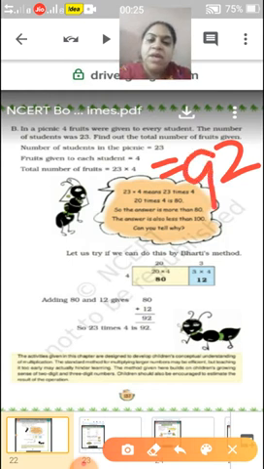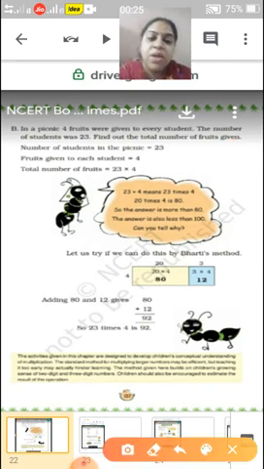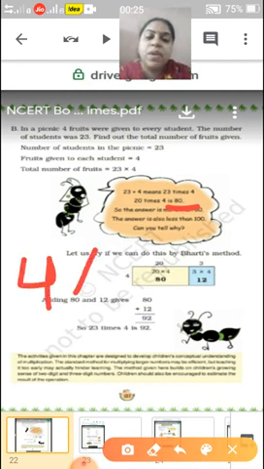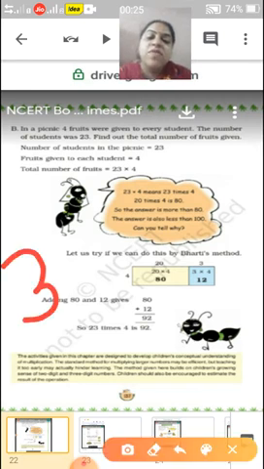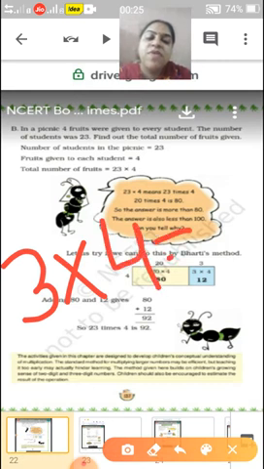92. But if it is a big digit, how are we doing it? We are doing 20 times 4, which means 80. Okay. And how are they writing? 4 times 3 is equal to 12. Okay.